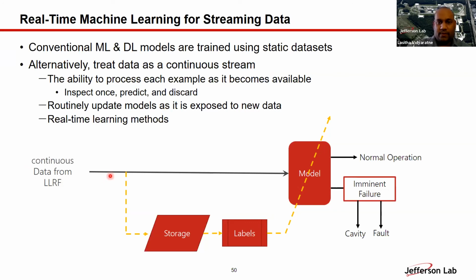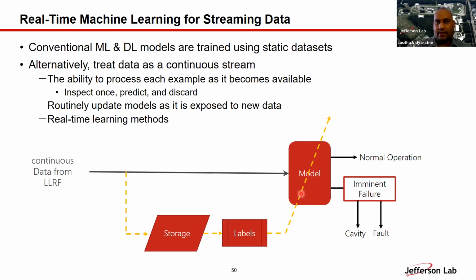With that, we are planning to apply our models to the continuous data. The models will be processing this data in an inspect once, predict, and discard manner. While the model performs that, we plan to extract some of the data randomly to store and then obtain labels and update the models in a routine manner.